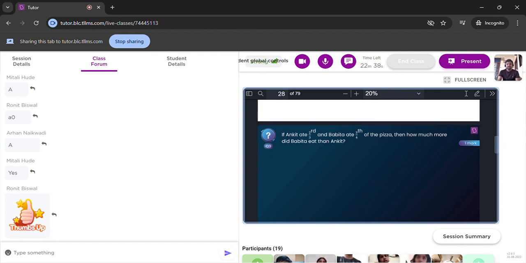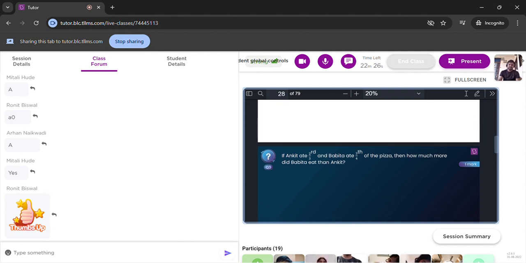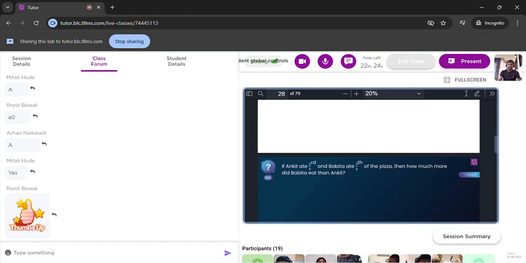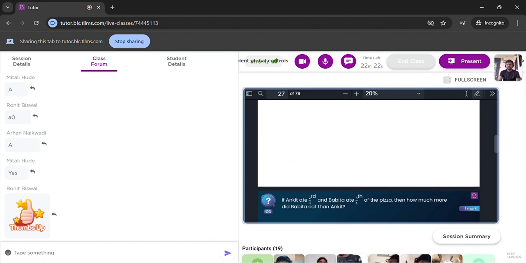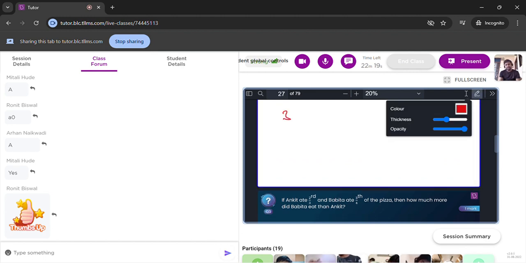So now, if Ankit ate 2/3 and Babita ate 3/4 of a pizza, then how much more did Babita eat than Ankit? Okay, so Babita has eaten more, so we have to keep this one as greater.